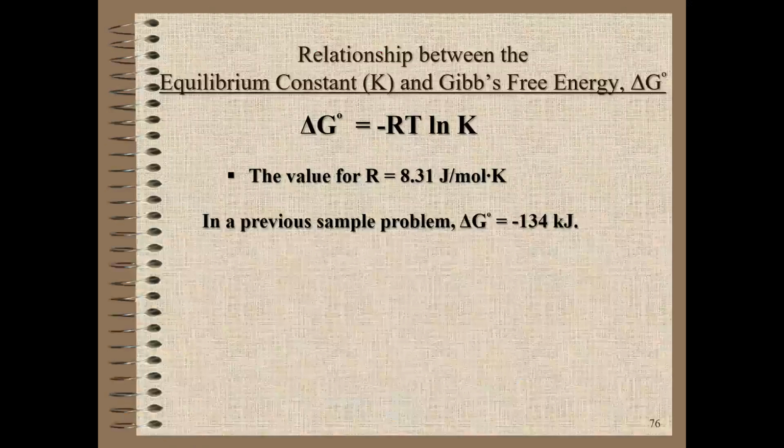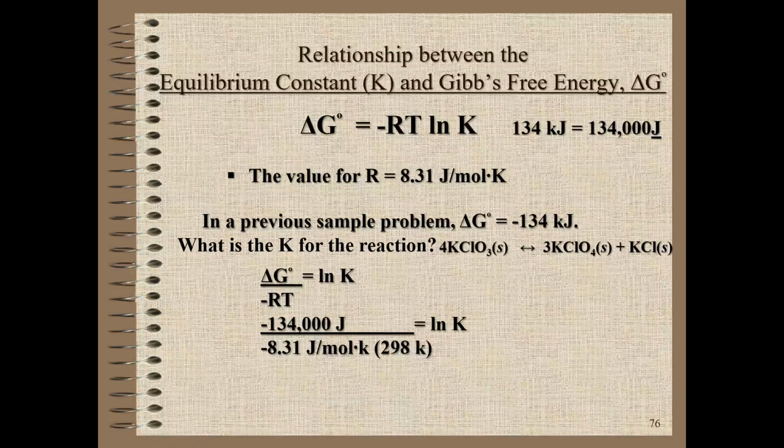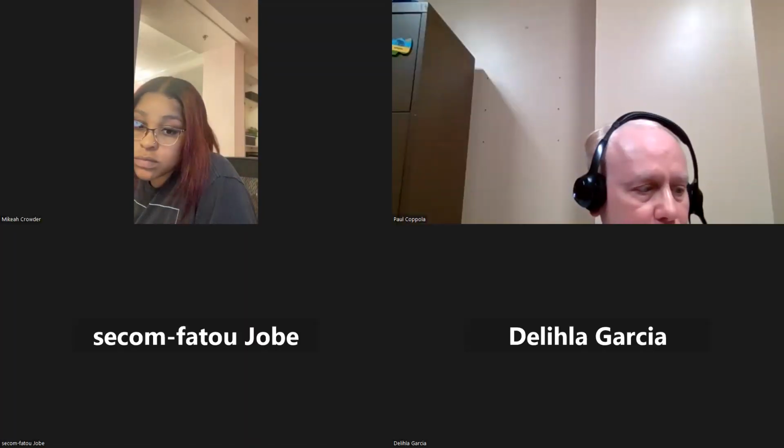There you go. So this would be a case where you're just using this equation and everything is known but K, and then you can solve for it. So I go through that. That's what I wanted to review for that chapter.